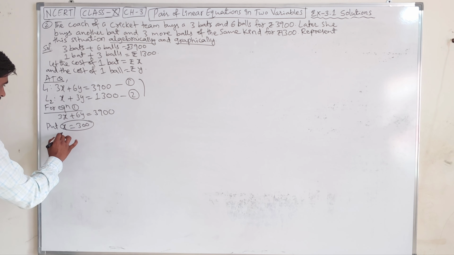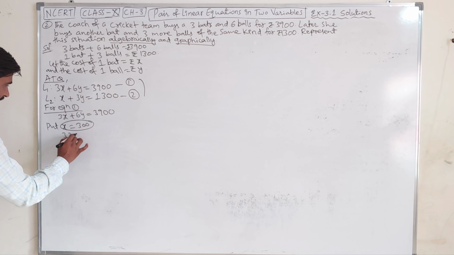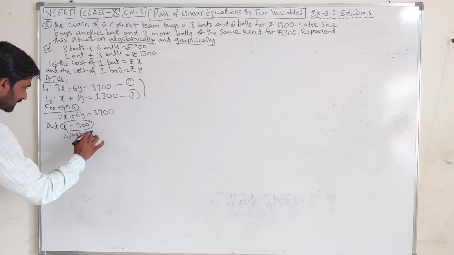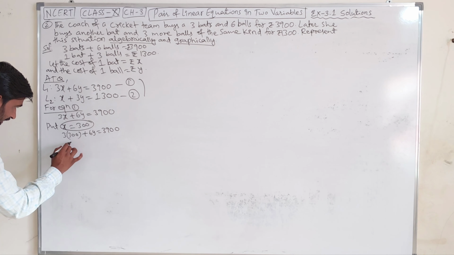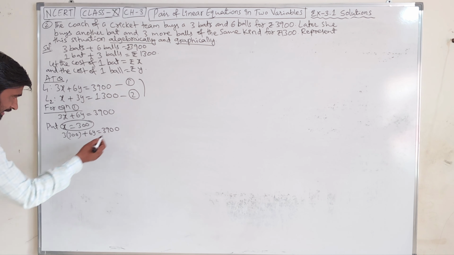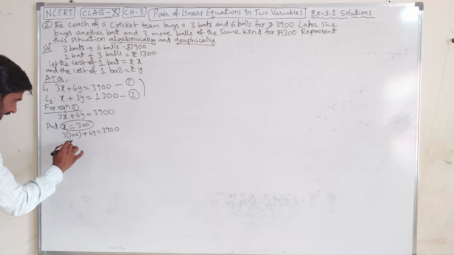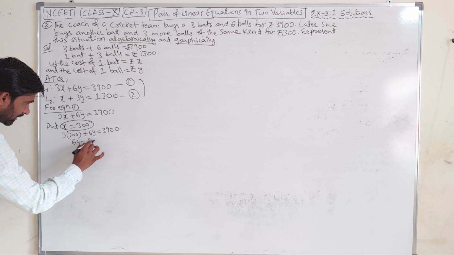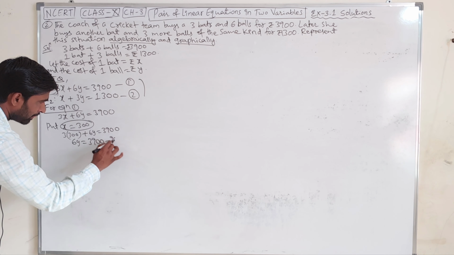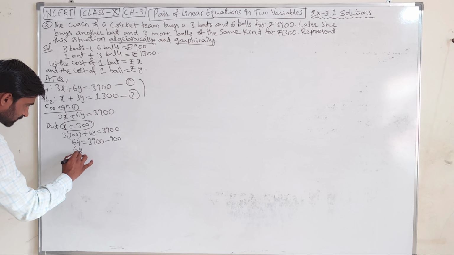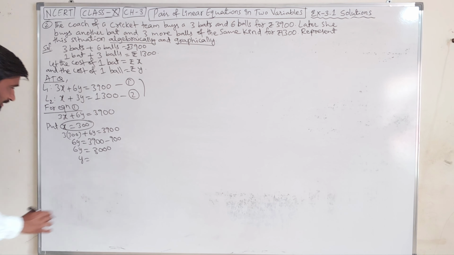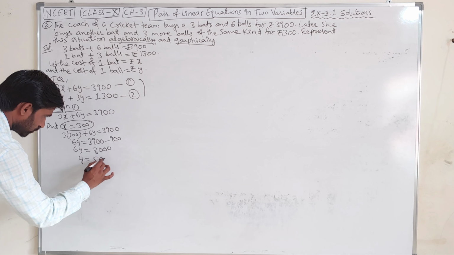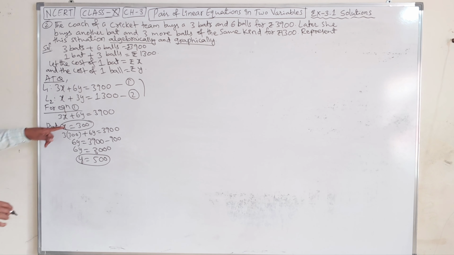So what answer will we get? 3 into 300 plus 6y equal to 3900. 300 3s are 900, so that 900 goes to the other side, minus 900. So 6y equals 3900 minus 900, so 6y equals 3000. From here y is 500. When x is 300, y is 500.